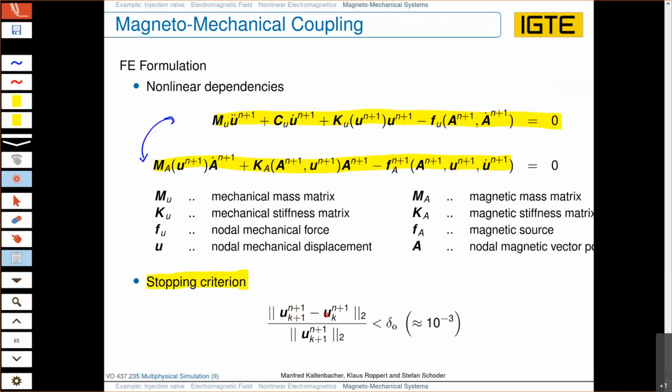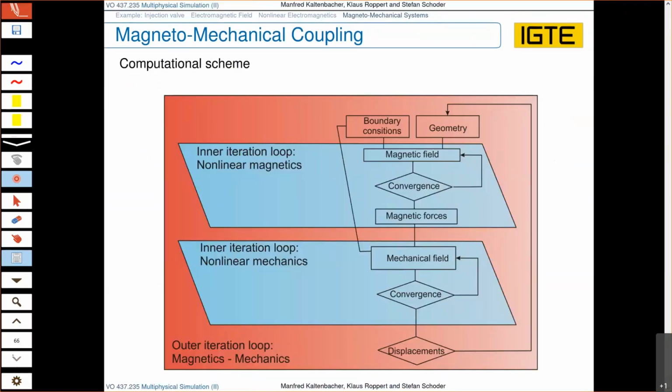In a relative sense, we take the L2 norm, and if this is smaller than something like 10 to the power of -3, that should be enough. You can assume that you are converged and you can go to the next time step. This is also shown here schematically. So we have here the solution for the magnetic field with the inner iteration loop, because we may have to take into account the nonlinearity, which is the magnetic permeability.